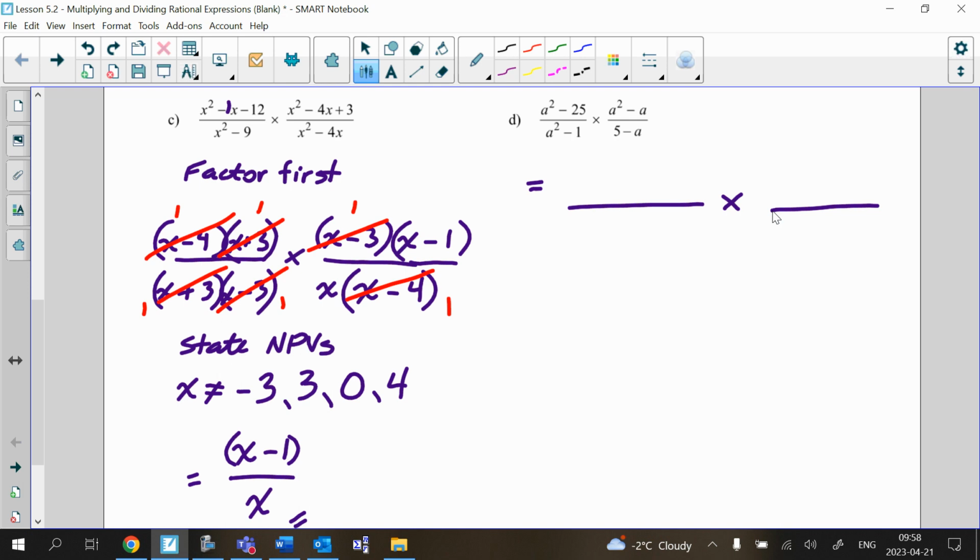First denominator? Well, it's not a GCF because it doesn't have anything the same in both terms. It's also a difference of squares. It factors down to a plus 1 times a minus 1.